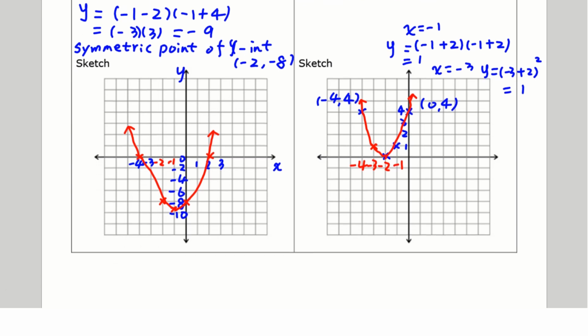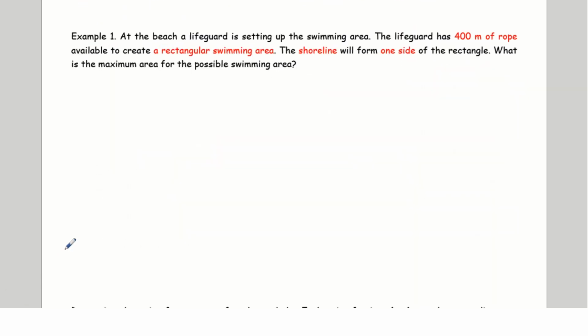Then the next one is an example where no equation is given, so you are required to set up the equation. At the beach, a lifeguard is setting up the swimming area. The lifeguard has 400 meters of rope available to create a rectangular swimming area.